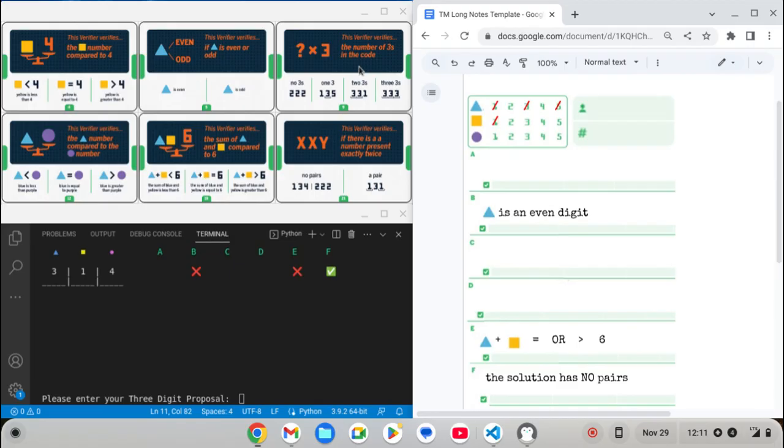And if there is a 3, it doesn't preclude the other one from being even or odd. There's still really nothing to let us know anything about that. And then we also did not compare our first and last digits, triangle and circle, and we haven't quite zeroed in on whether the sum is 6 or greater than 6.